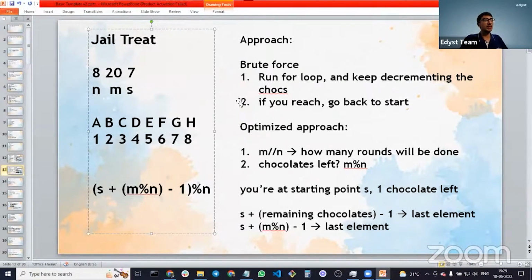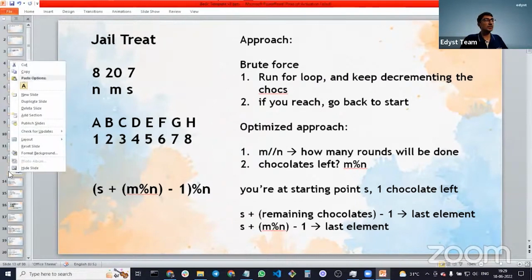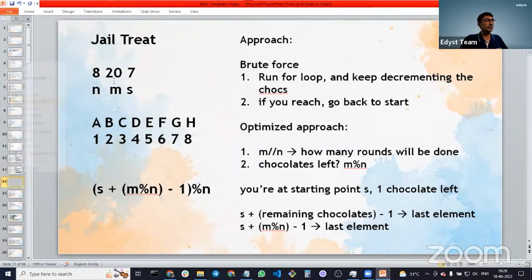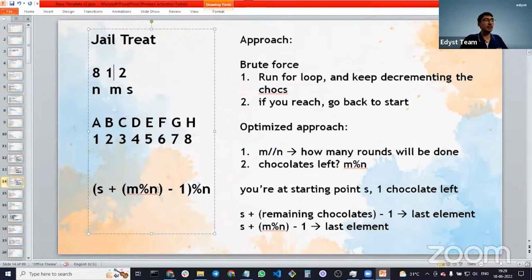Let's take this formula here. Let's say S is 2 and M is 1, right? So what would it be in that case? S plus 1 modulo 8 will be 1 only, minus 1 modulo N. So it's correct only, right? It should be S, because 1 means 1 chocolate. So the starting person is the one who gets it. So minus 1 is 100% needed.